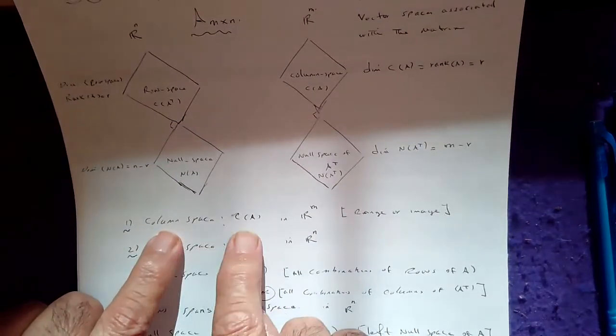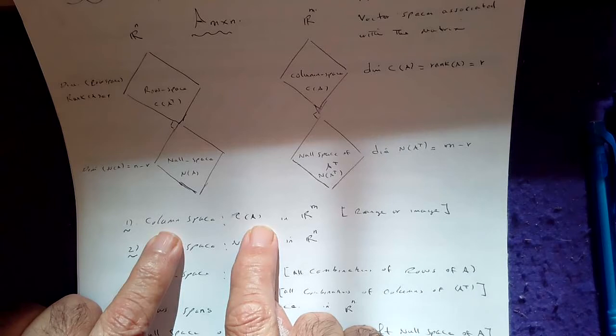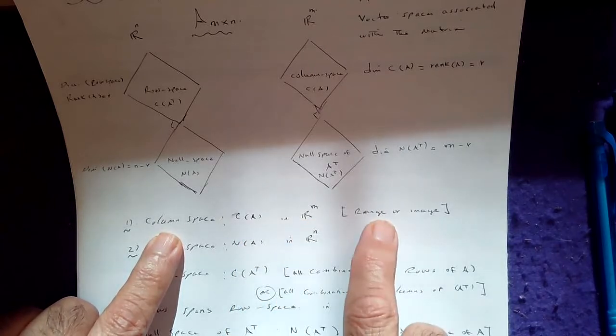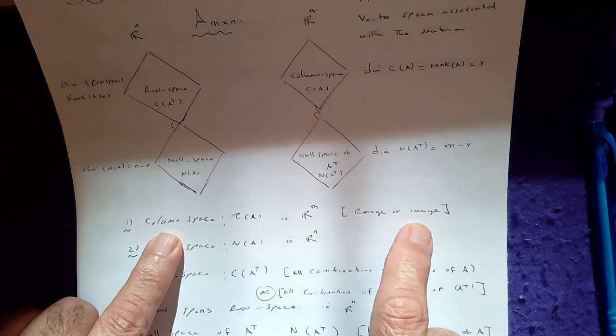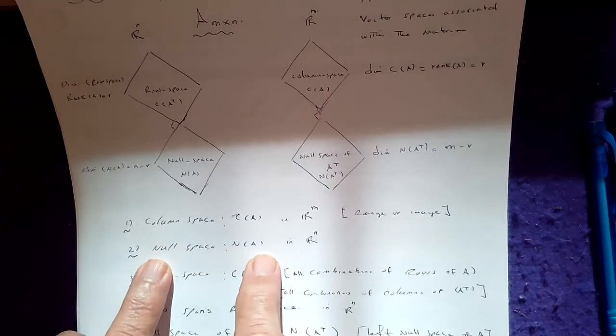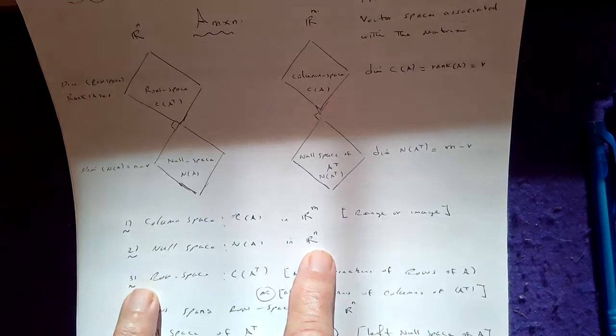Column space is denoted by C of A. It's a subspace of Rm, which is also called the range or image of A. Null space is denoted by N of A, which is a subspace of Rn.